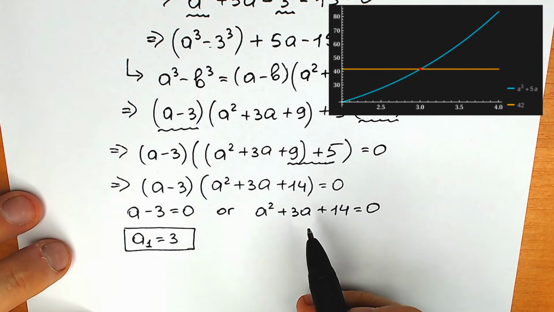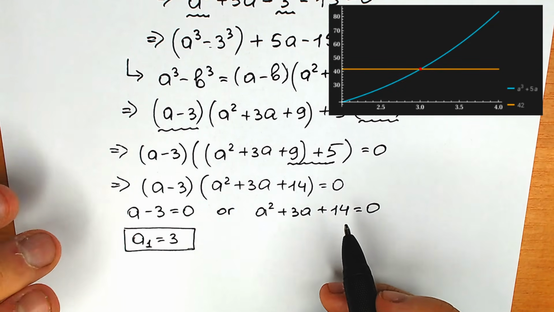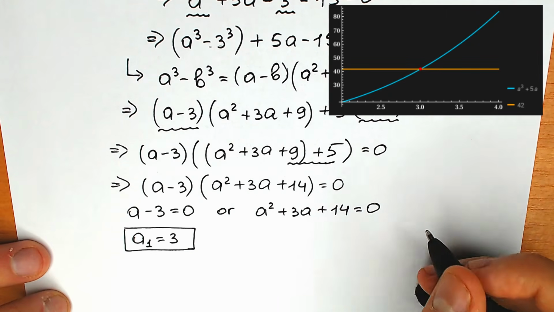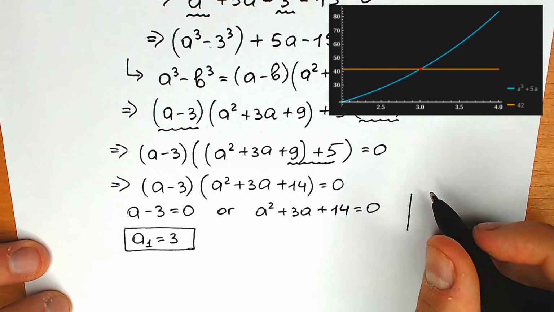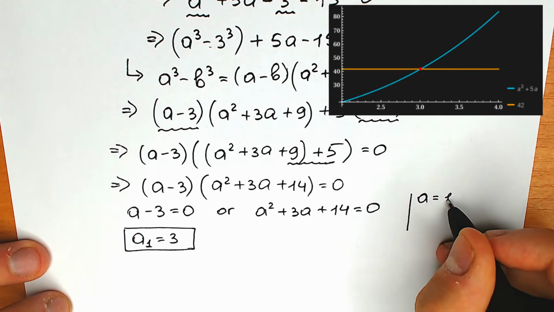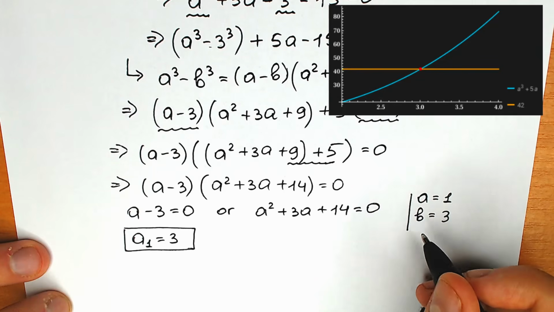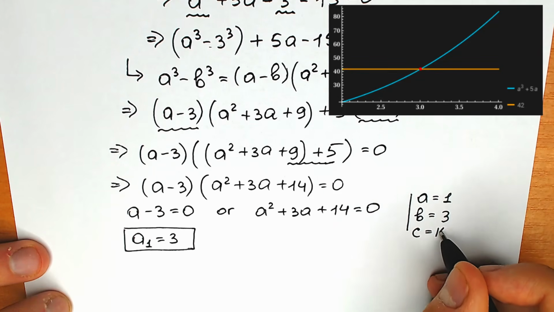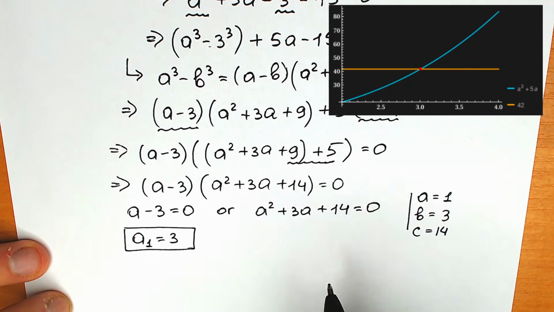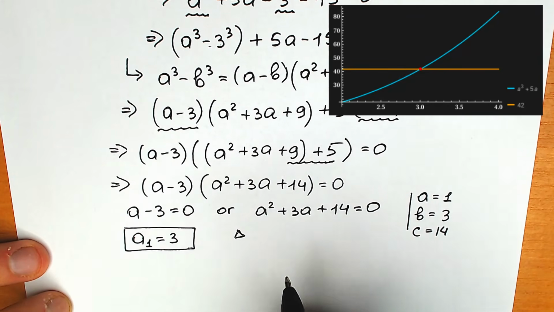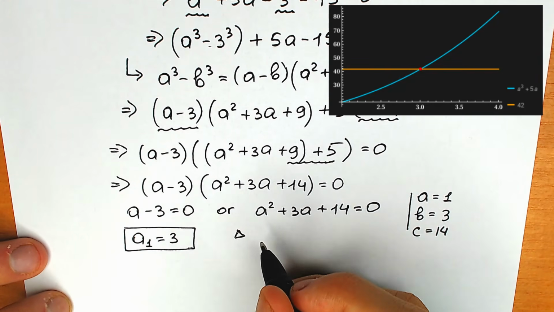Let's solve our second. This is a quadratic equation, so let's solve it with the basic method, because this is up to you. You can solve this however you want. I want to solve it with the classic method, with the coefficients. So we have a equal to 1, b equal to 3, and c equal to 14. Let's first find the discriminant, and then we're going to plug in this discriminant into the other spot.